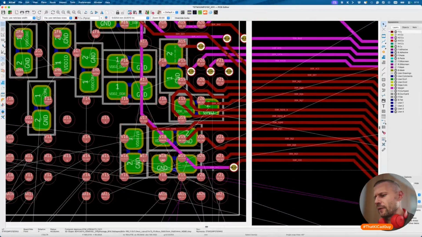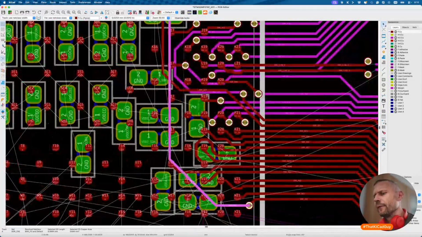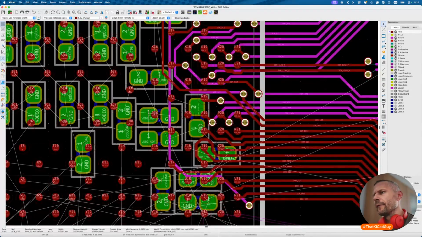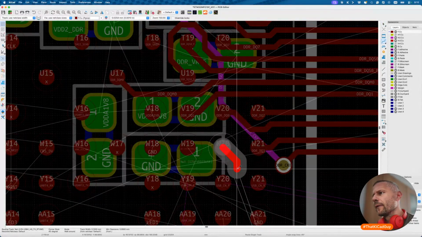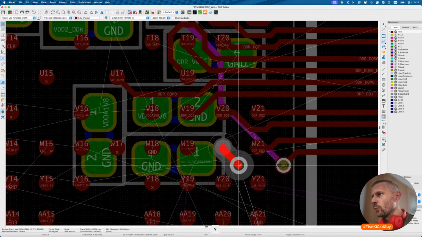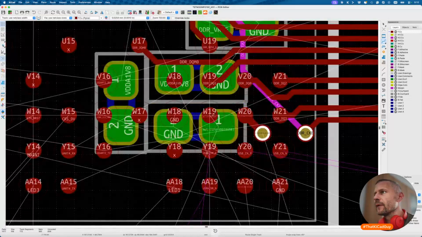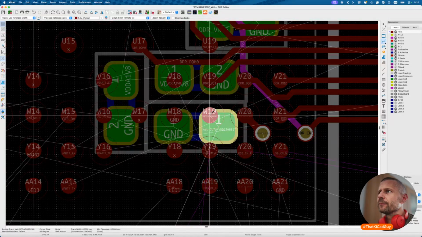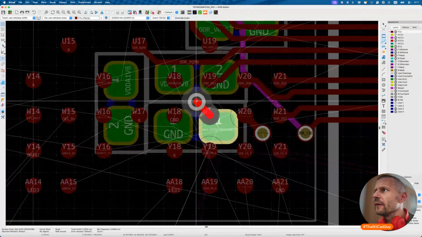Yeah, this magenta line. Yes, this one. Can it fit here?